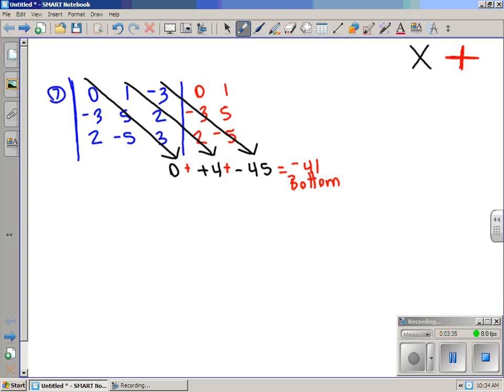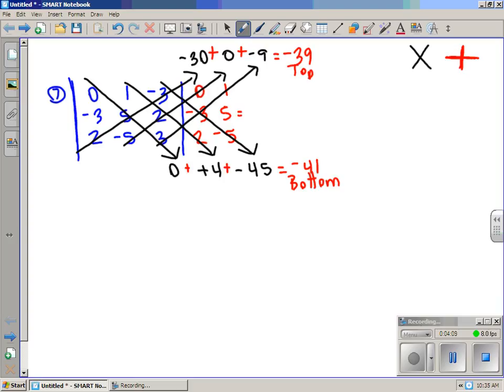You should go through 2, 5, and -3. 2 times 5 times -3 would be -30. Again, -5 times 2 times 0 would be 0. And 3 times -3 times 1 would be -9. Add those up. -30 plus -9 would be -39. That would be the top number.